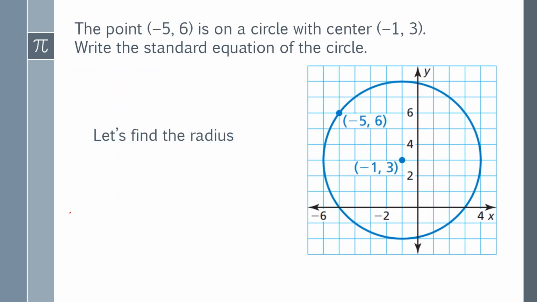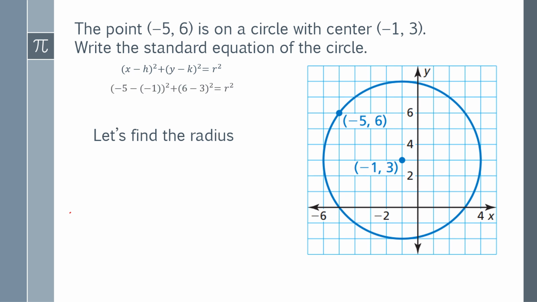All right. So you have a point (-5, 6) and it's on a circle with a center of (-1, 3). And you have to write the equation of the circle. So let's do that first. Here's our equation. The point (-5, 6) is going to be my x and y, and my h and k is my center, so it's going to be (-1, 3).